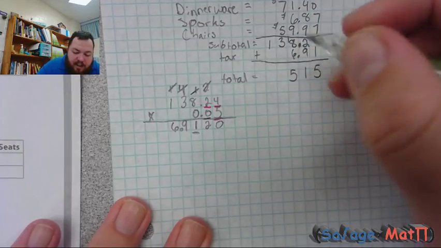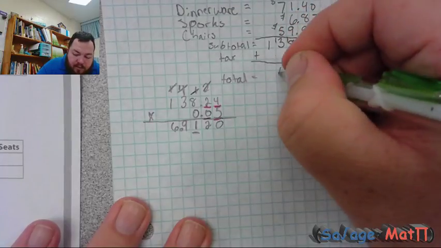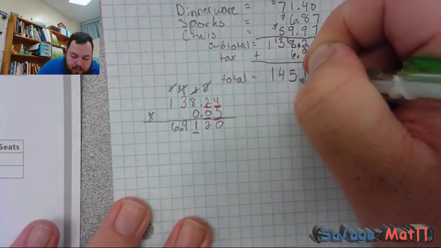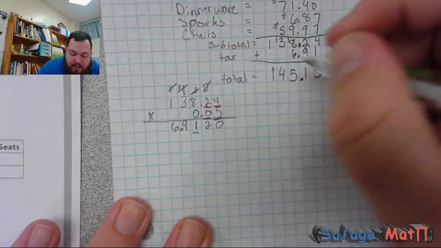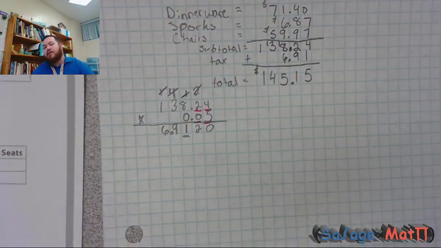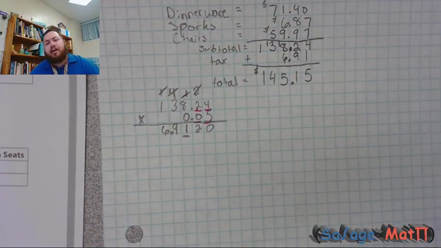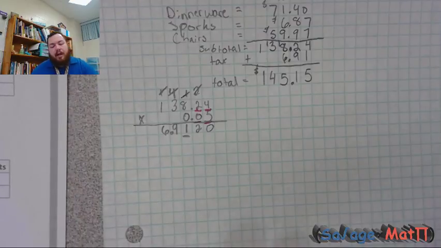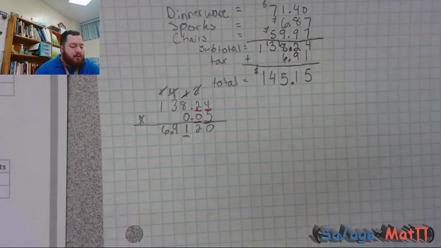Plus 1 is 15. Carry the 1. 3 plus 1 is 4. Bring the 1 down. We're adding, so we line up the decimal. So my total is $145.15.